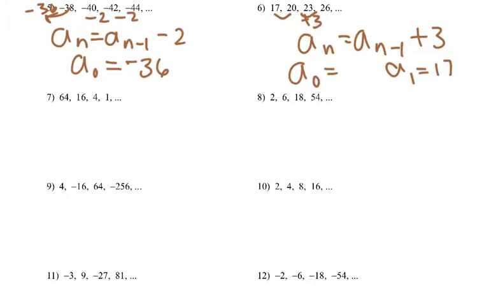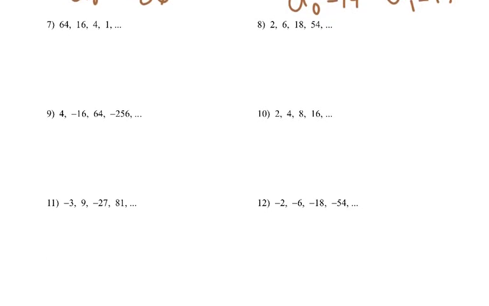But I like to get in that habit of going backwards and figuring out the zero term, because typically we're not just doing the recursive, we're also doing the explicit as well. When we're doing the explicit, we want the zero term. All right, so let's see, we've got 6 more here.